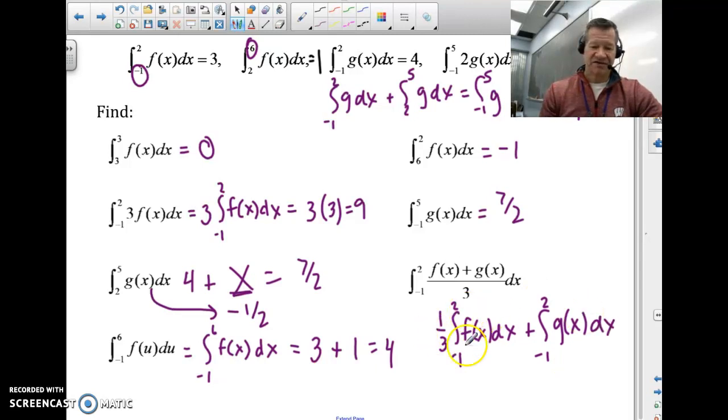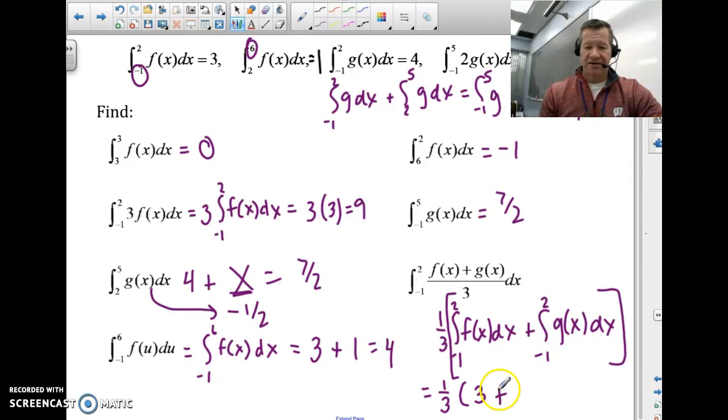The 1/3 isn't just multiplied by the f of x, it's multiplied by the entire thing. The whole thing was divided by 3, so the whole thing is multiplied by 1/3. So 1/3 integral from -1 to 2 of f of x is 3, plus the integral from -1 to 2 of g of x is 4, and that gives me 7/3.